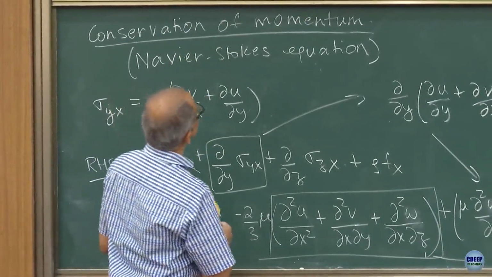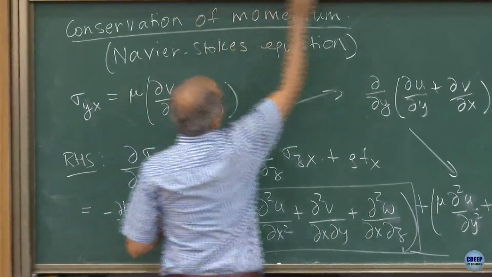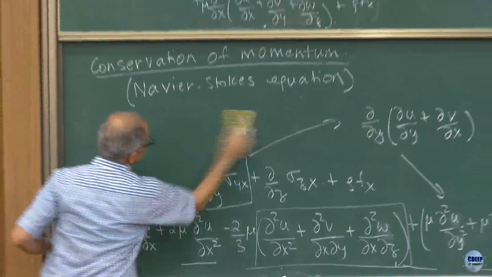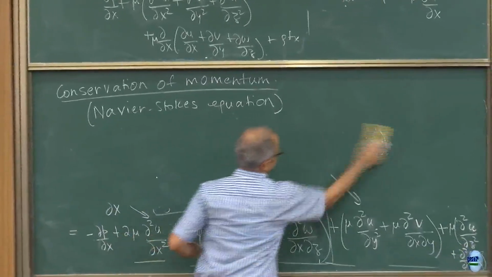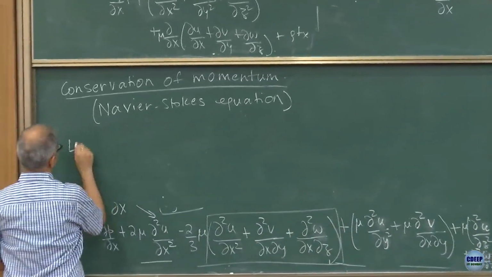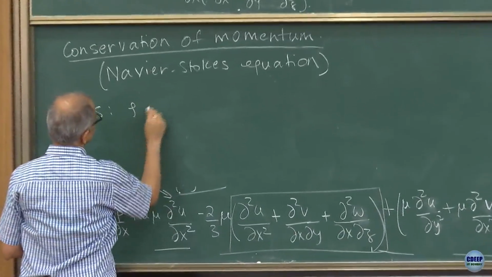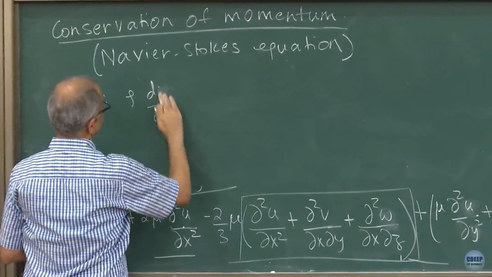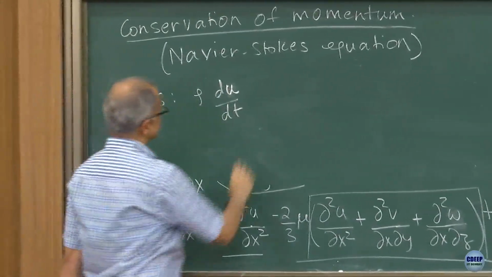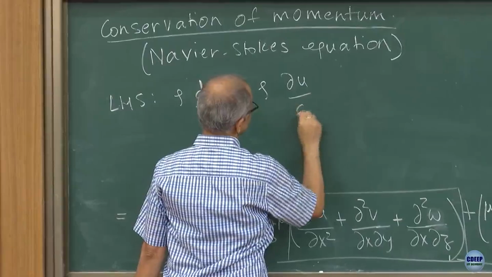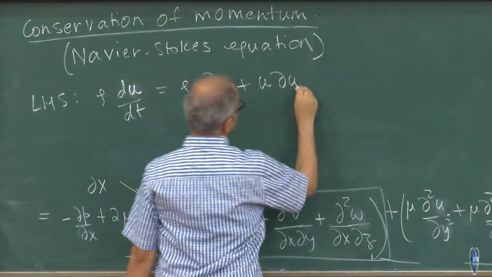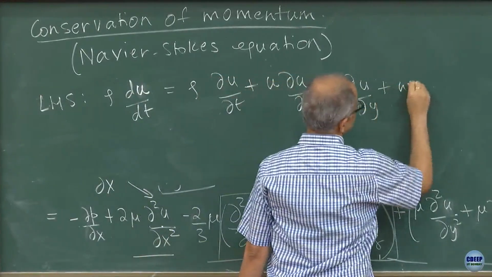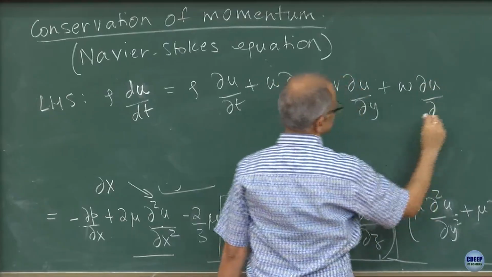Sorry, body force. Okay, yeah, so let's write the body force. So if I look at the left hand side, the left hand side of the equation was simply this, which was written as rho times ∂u/∂t plus u times ∂u/∂x plus v times ∂u/∂y plus w times ∂u/∂z.